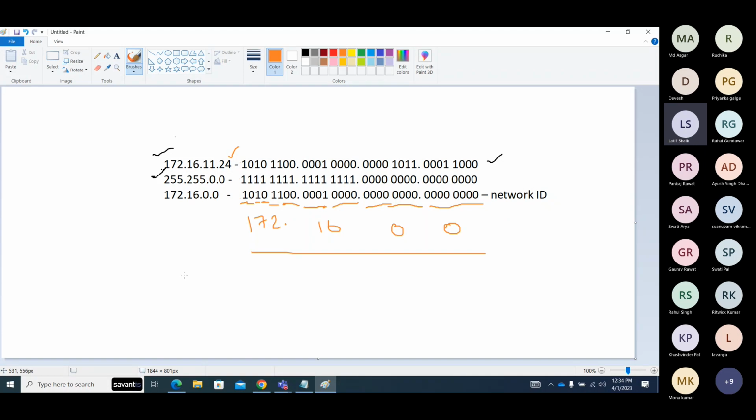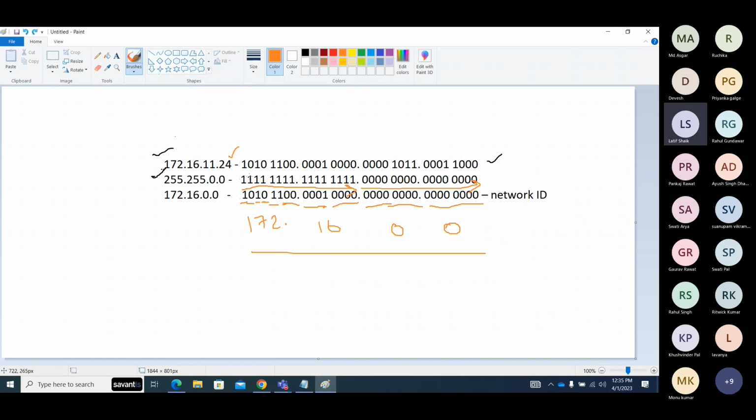If the subnet mask changes, the network also changes. In the subnet mask, the ones run continuously from this side up to here, and from here onward there are zeros. It is not a 0101 concept. You can see the IP address has something like 010101 1011, but in the subnet mask all are ones.